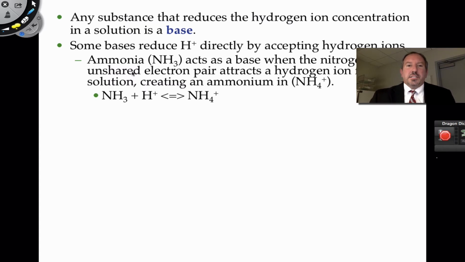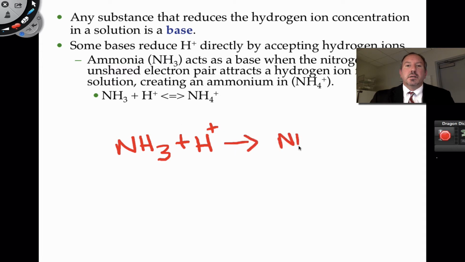The example of that would be ammonia. Okay, ammonia can act as a base, and you're like, okay, why is that? Well, it can act as a base because here it is, ammonia, and it can pick up protons in solution. And as it picks them up, it becomes an ammonium ion. That's right.